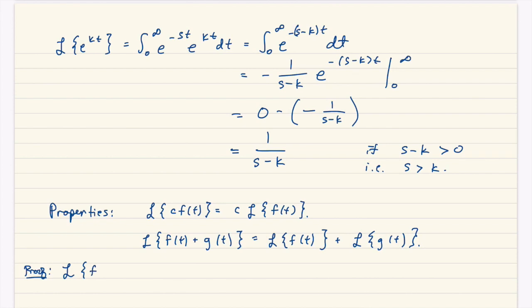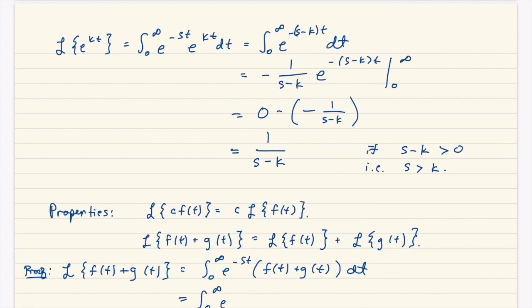If I look at the Laplace transform of f plus g, this is going to be the integral from 0 to infinity of e to the negative st times f plus g. Based on what we know about integrals, you can distribute the e to the negative st, you get a sum in the integrand, and then you can separate this into two integrals: the integral of e to the negative st f dt, plus the integral from 0 to infinity of e to the negative st g of t dt.